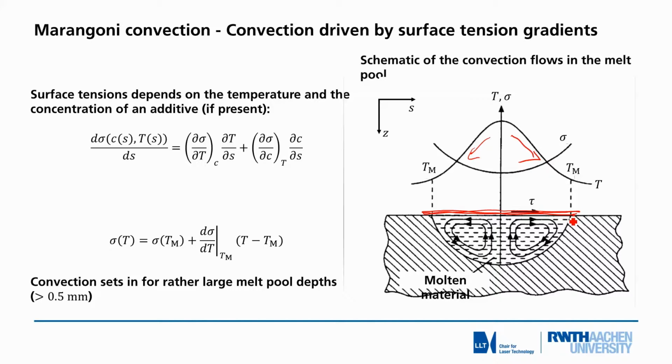You see that the derivative of the surface tension contains two dependencies. One is a temperature dependence with a constant concentration, and the other one is a concentration dependence with a constant temperature. We have two partial derivatives because we have two dependencies, the temperature and the concentration. And usually this dσ/dT is negative. In other words, we have an increase of surface tension with lower temperature.